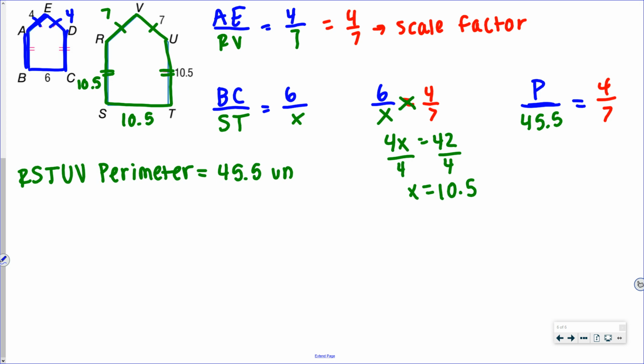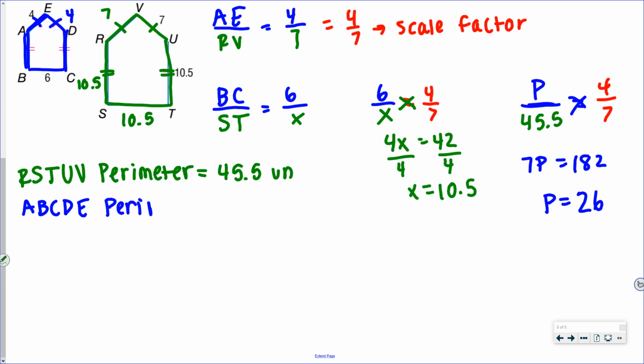Now, if that's more confusing to you, I'd rather just figure out what those sides are and add it all together. That's fine. But this would probably save you some steps. Let's see, 4 times 45.5 is 182. Divide by 7, I got 26 units.